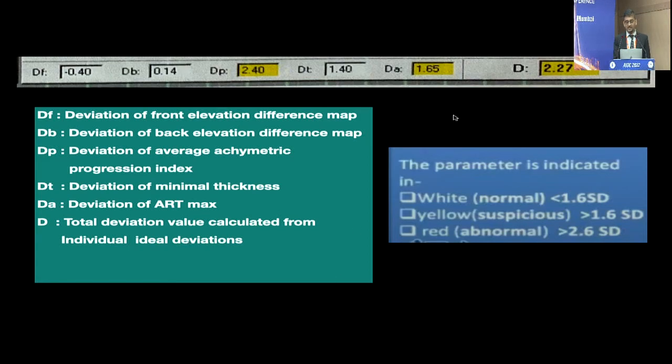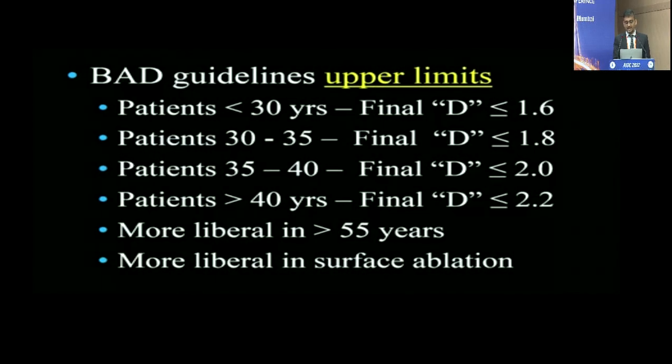But the most important here is the final D, which is a global parameter that encompasses all the individual parameters, and the guidelines which Dr. Belin, the inventor of this, has clearly mentioned here. So try to stick to these guidelines if you are doing LASIK. If you are doing PRK, the guidelines are a little more liberal.